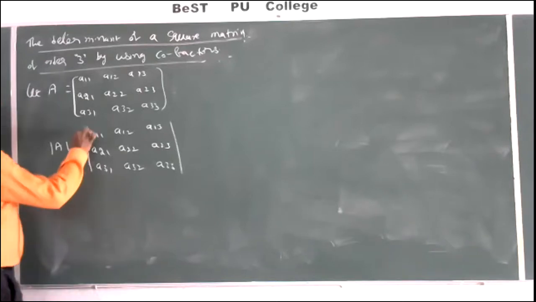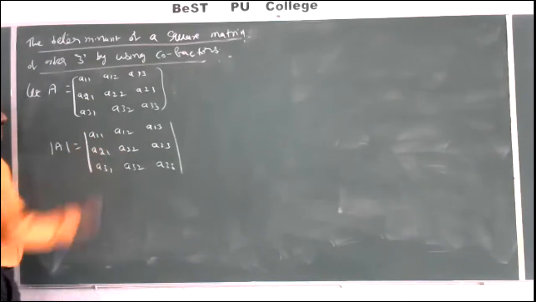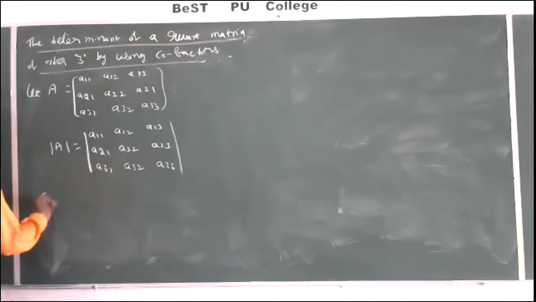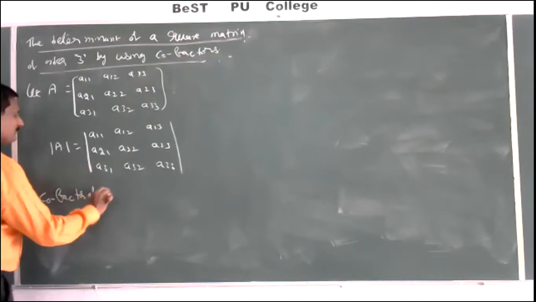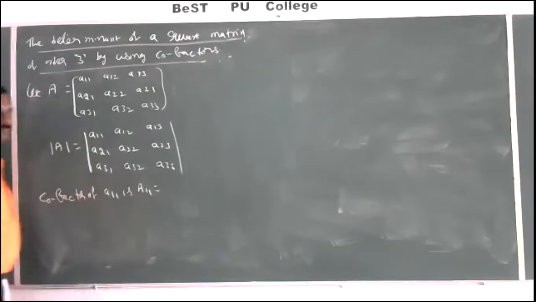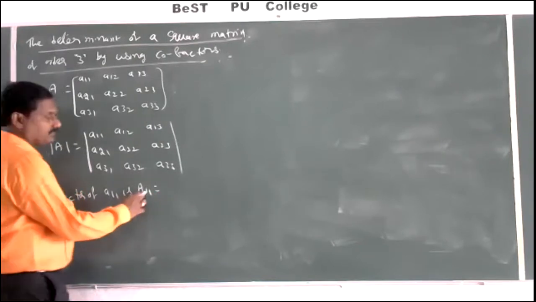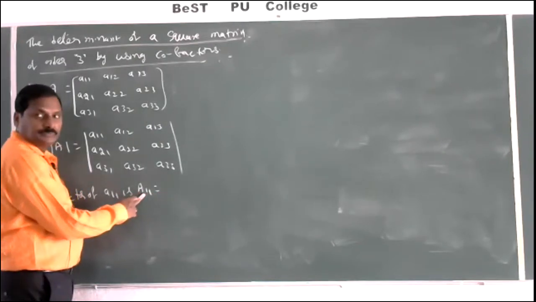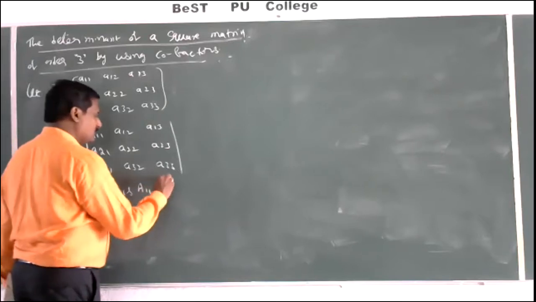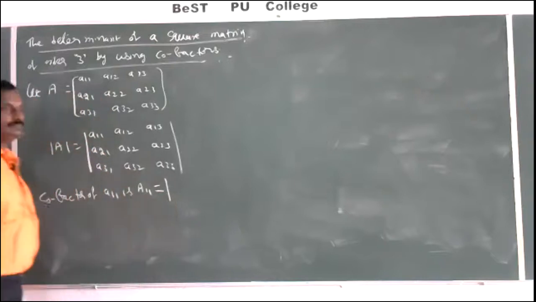First, here write down the cofactors of first row elements. Cofactor of A11 is capital A11. Here see that the sum of the suffix 1 plus 1, 2, even. Directly we have to write the minor.